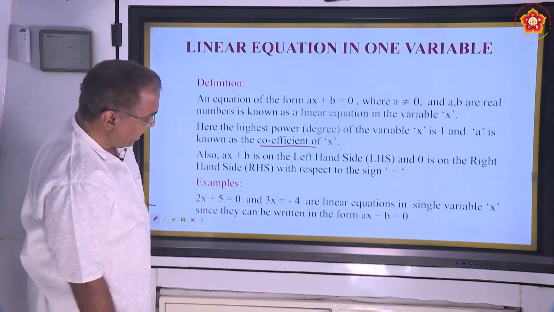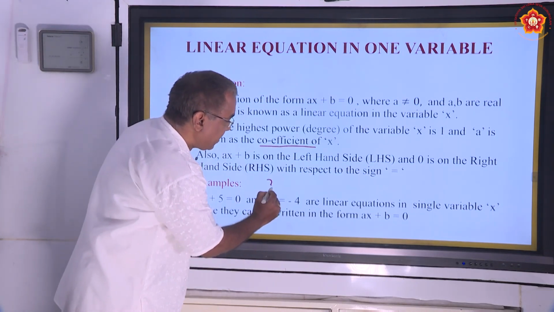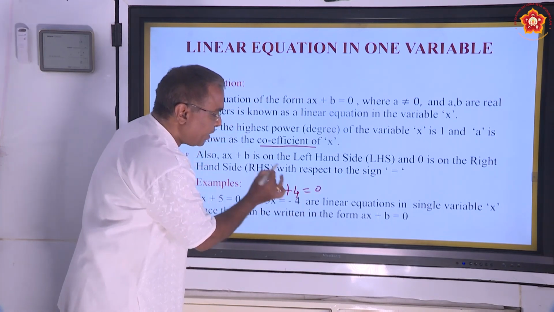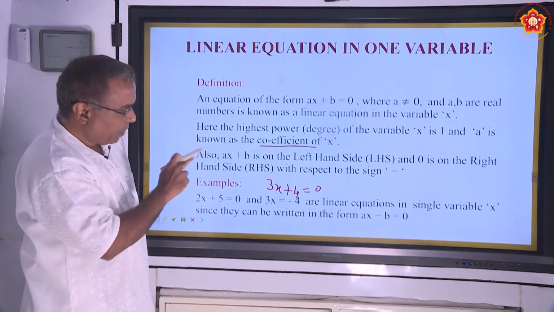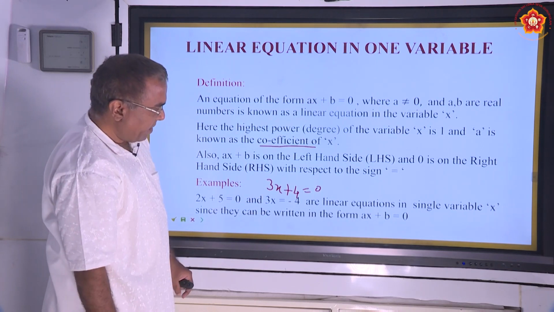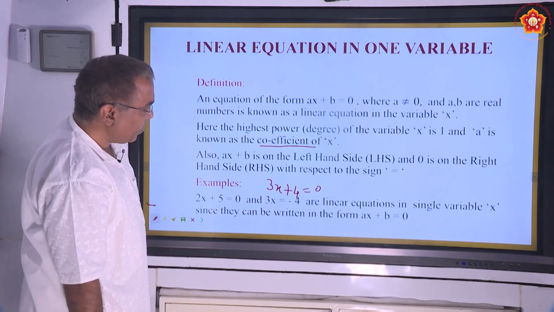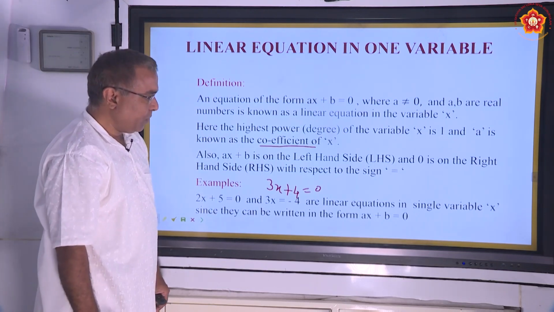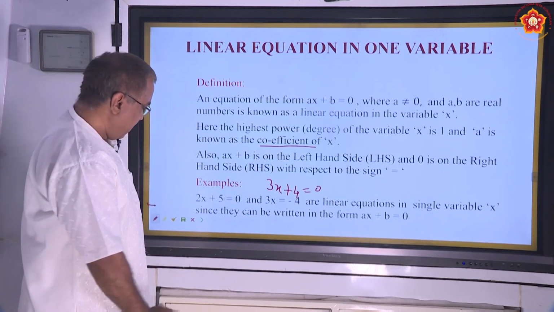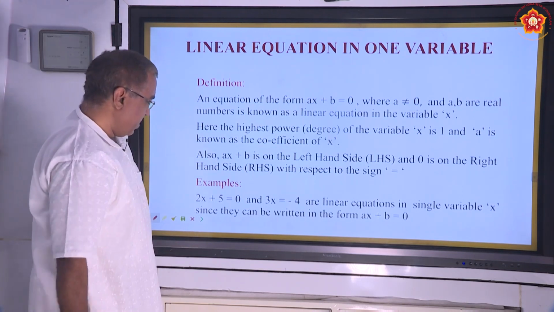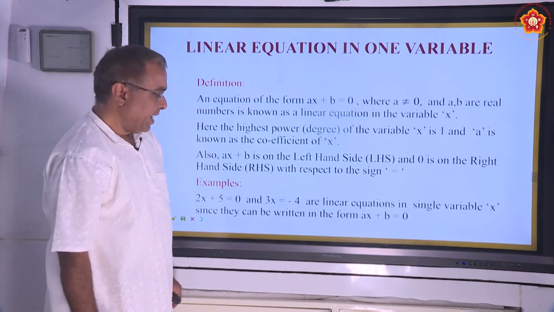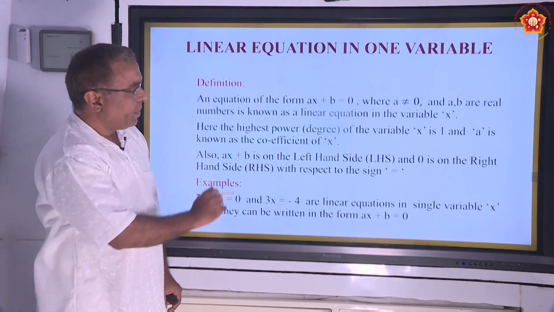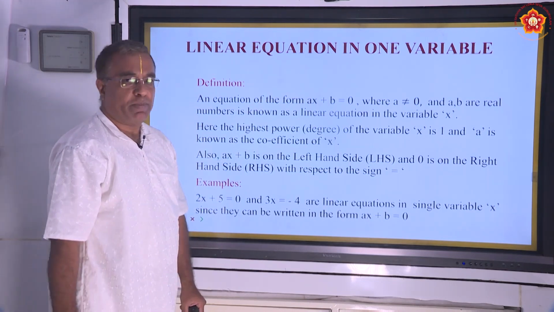This can be rewritten as 3x plus 4 equals 0. When I bring minus 4 from the right hand side to the left hand side, we have 3x plus 4 equals 0, which is again in the standard form ax plus b equals 0 in the variable x. So, both these are examples of linear equations and they are of the standard form ax plus b equals 0.